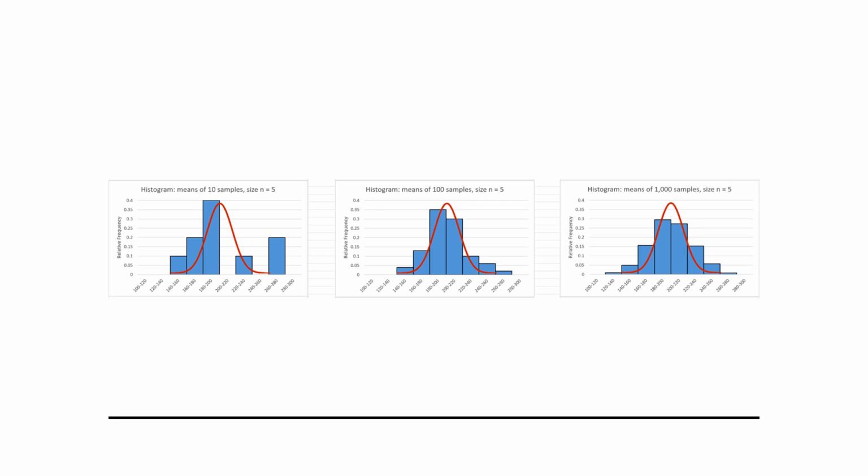And looking at how our sampling distribution changes as we increase the number of samples with the sample size set at n equal 5, we see that as the number of samples increases, it looks more and more like a normal distribution. So these simulations confirm our intuition. And this concludes our presentation on sampling distributions of sample mean.